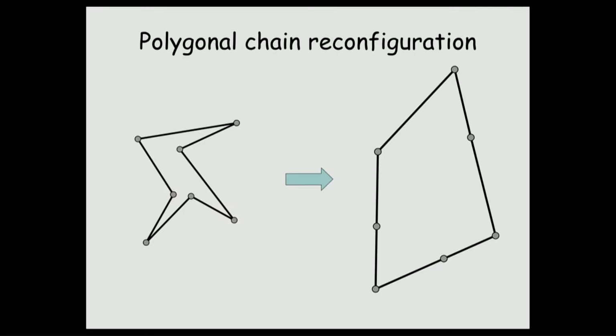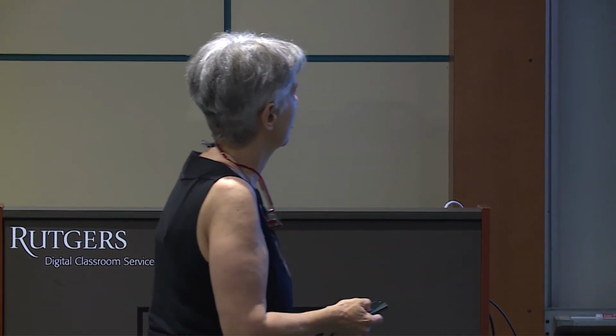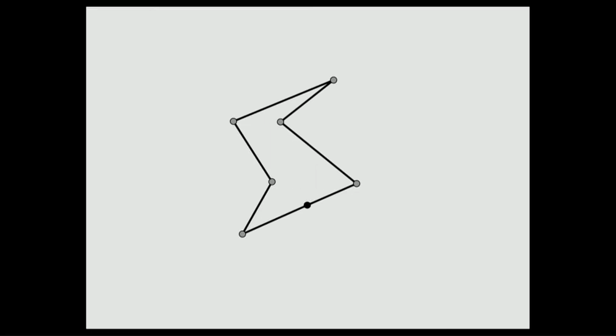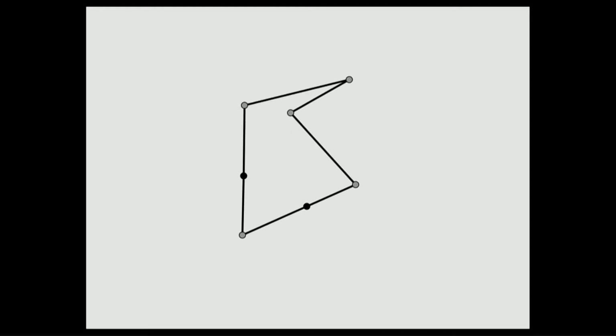We can abstract it as a polygonal chain. So let's be in 2D. The goal is to bring it to a certain standard position without collision, so we'd like to design such a trajectory. And here's one. When you look at it, it's not obvious what I'm doing, but there is a trajectory.